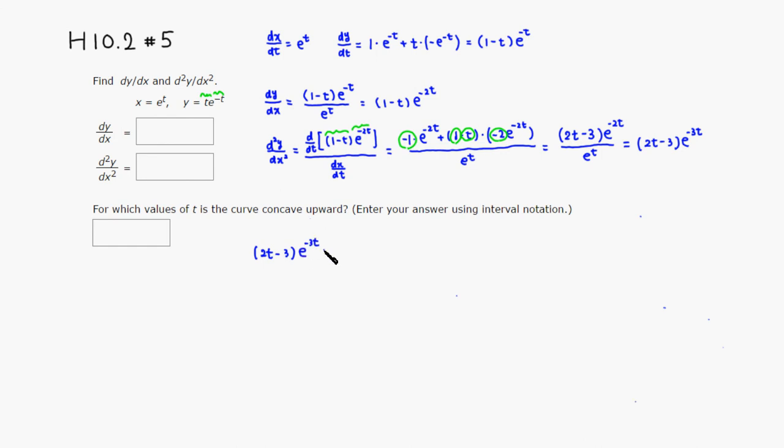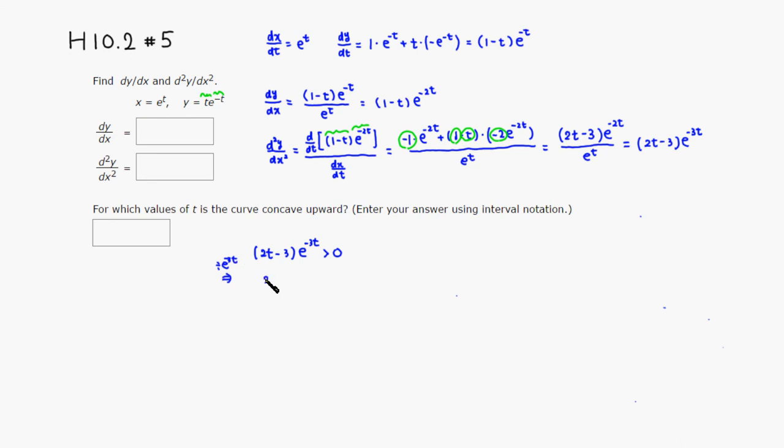We want this guy to be positive. Since e to the negative 3t is a positive value, I'm going to divide through by e to the negative 3t.